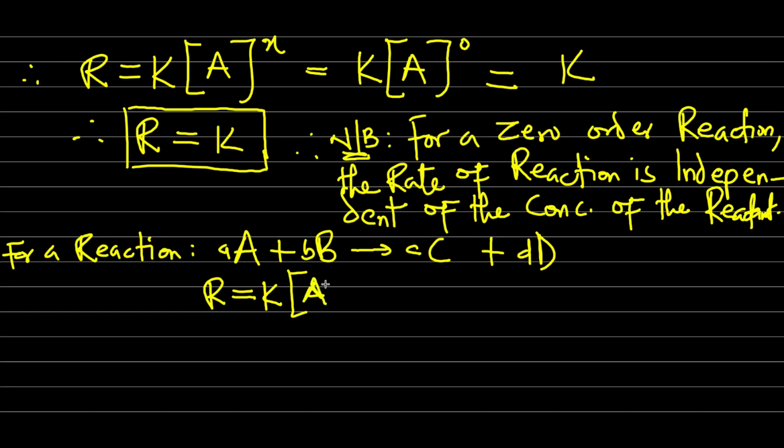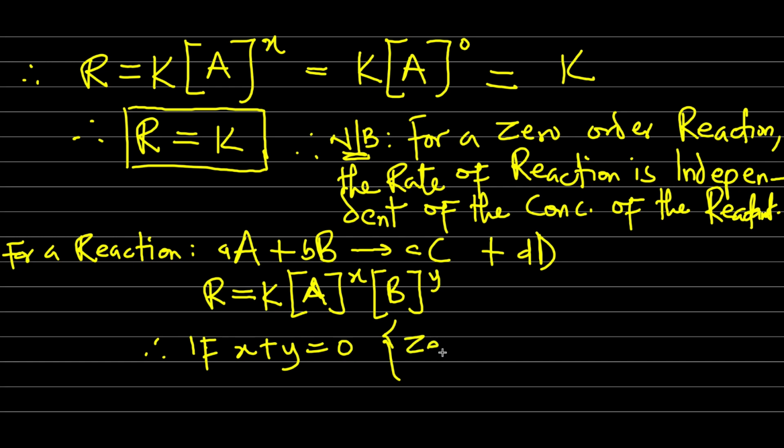The first reactant is A and the second reactant is B, unlike the first one where we had just one reactant, A. So in this case, for this reaction to be a zero order reaction, the sum of the powers, x plus y, must be equal to 0. That will be a zero order reaction.